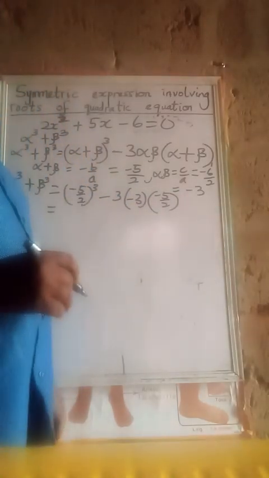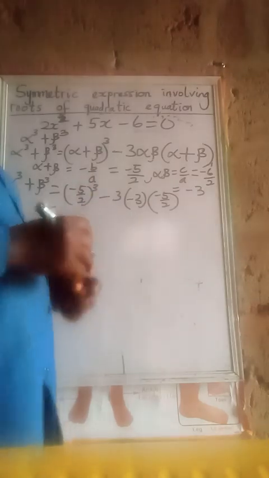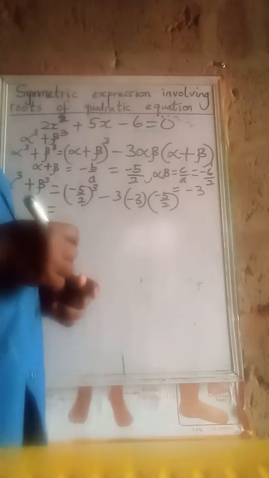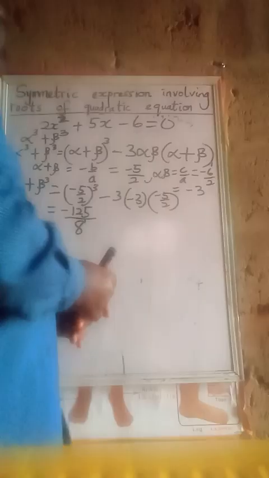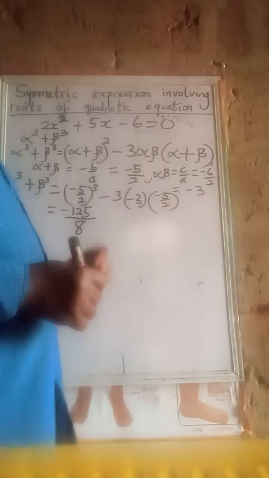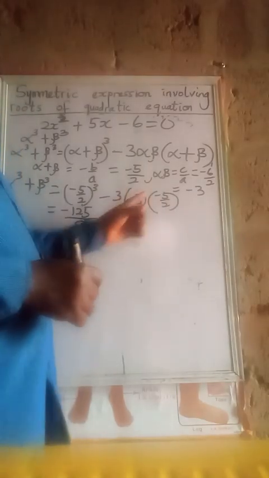Then this is equal to minus 5 raised to power of 3. That is minus 5 times minus 5 times minus 5. And that will give us minus 125 all over 2 times 2 times 2. That will give us 8. Then minus times minus here will give us plus. Plus times minus will give us minus.